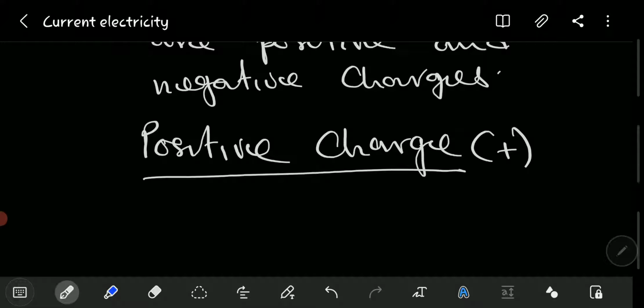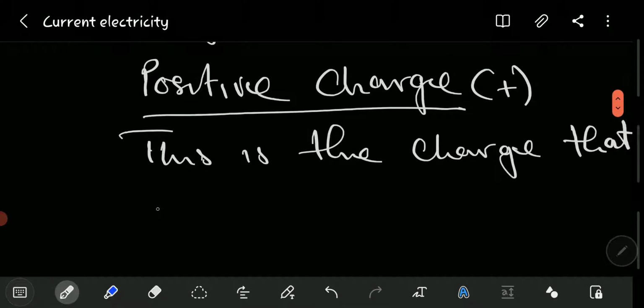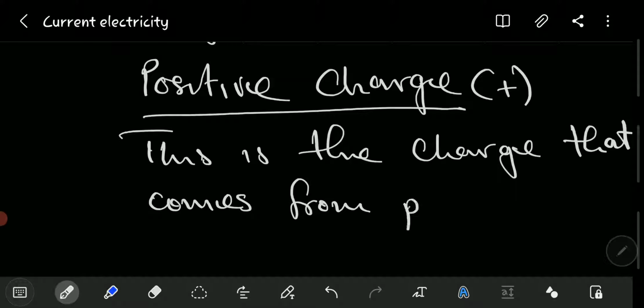So basically, we talk about positive charge being the charge possessed by a proton. So this is the charge that comes from protons.